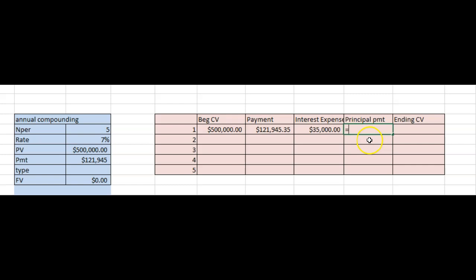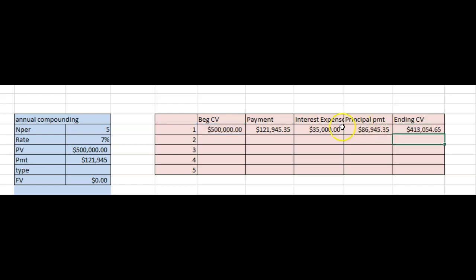So I do equals. I'm going to click on my payment amount, and subtract out my interest amount. There we go. For my ending carrying value, I'm going to simply do equals, click my beginning carrying value, and subtract out the principal amount that I paid when I made that first payment, or Willie did.